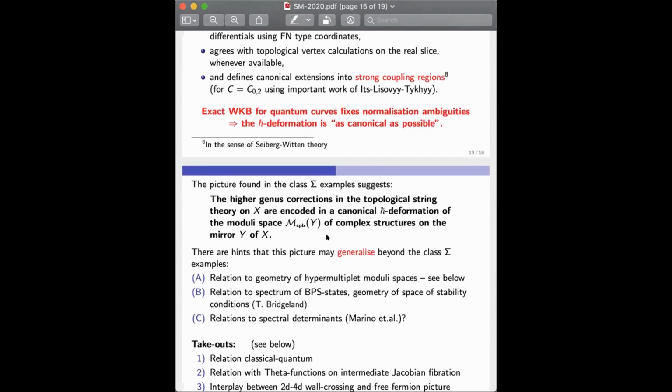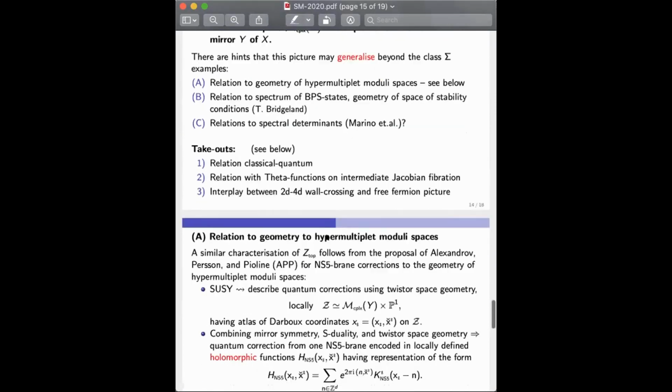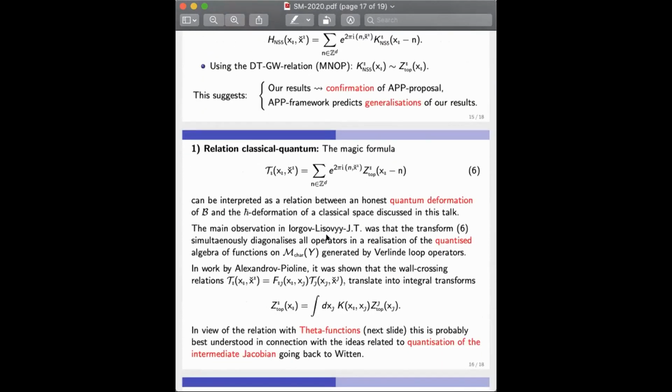So firstly, it will obviously be very nice to have this, but if there's a natural setting for your story, it should be this, not these theories where you have to take limits and so forth.